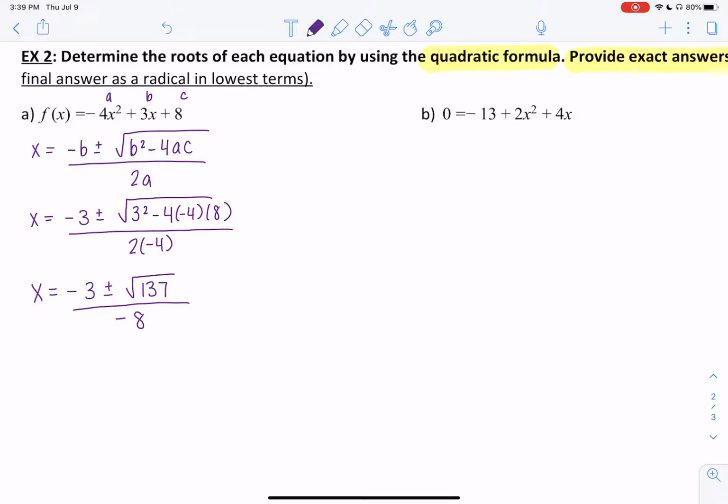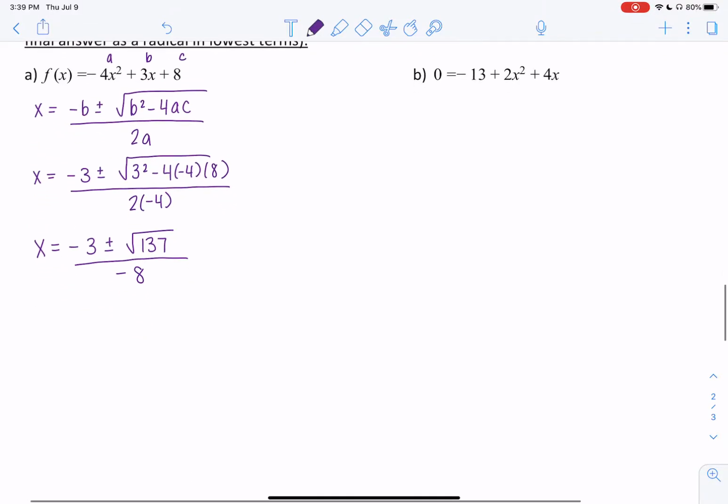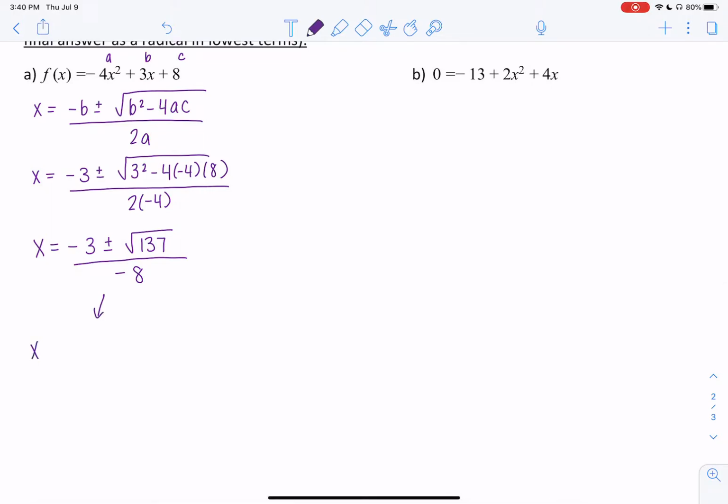Because of this plus or minus, it gives us our two answers: one with plus root 137, and another with minus root 137. So those would be our two answers.